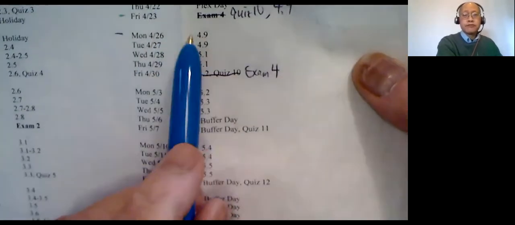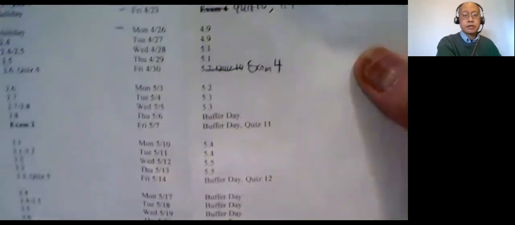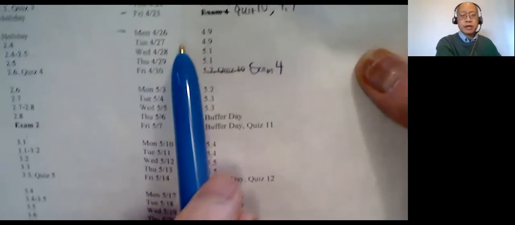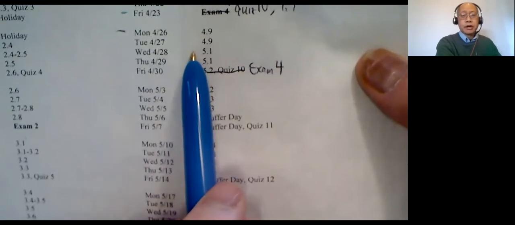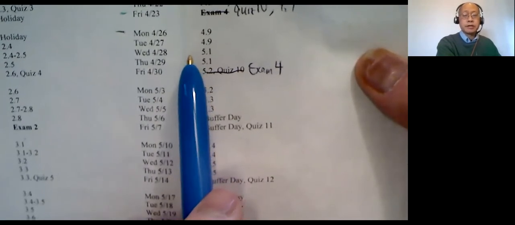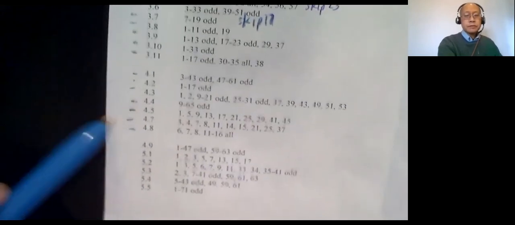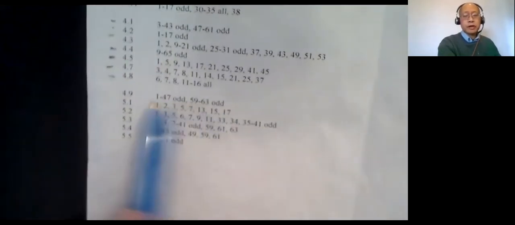But we're going on to 4.9 as scheduled. If there's time at the end of any day this week, Monday, Tuesday, Wednesday, then we'll see if you want me to do any of the problems. But for now, let's get back to 4.9, antiderivatives and so forth.